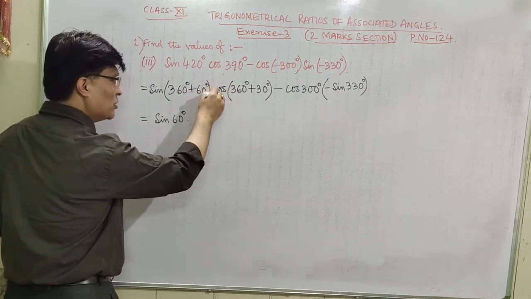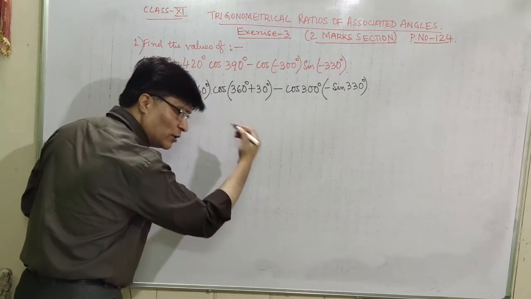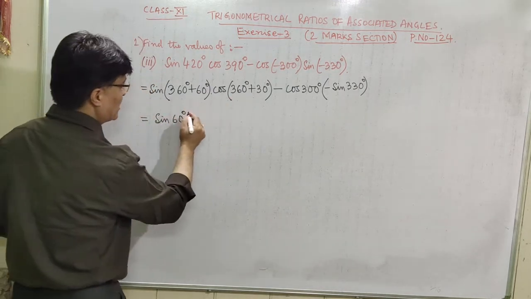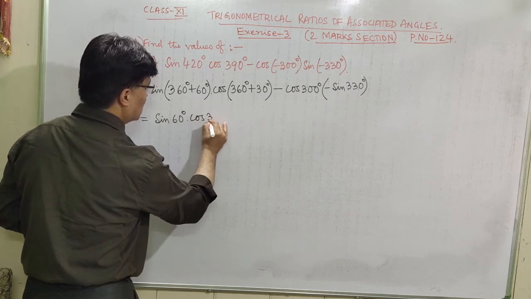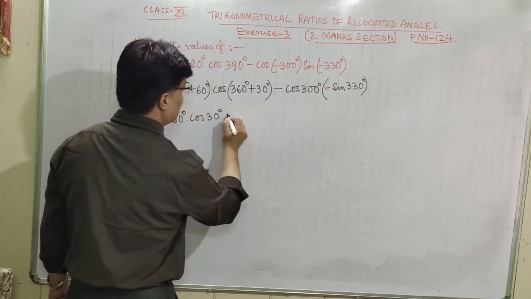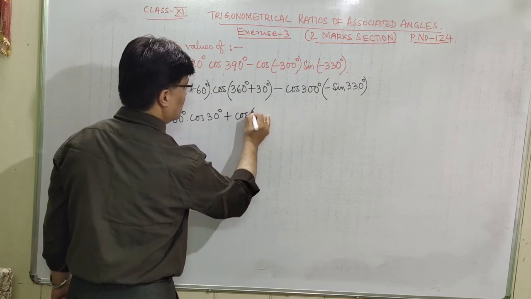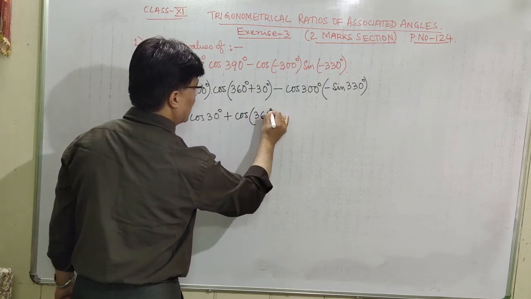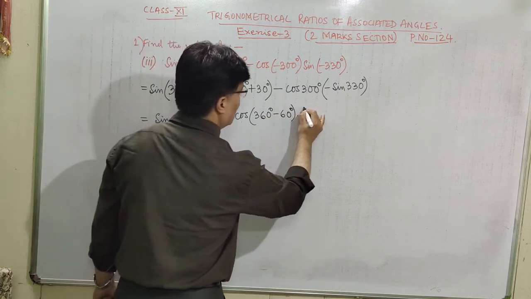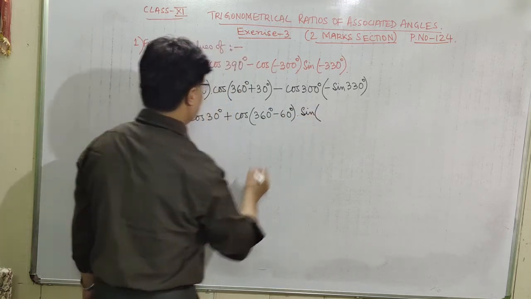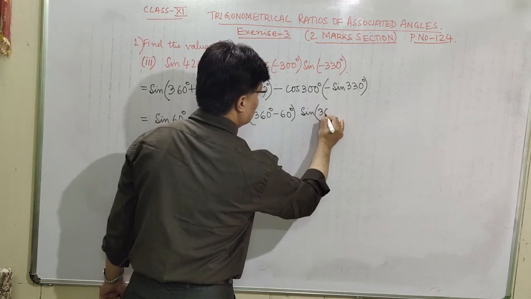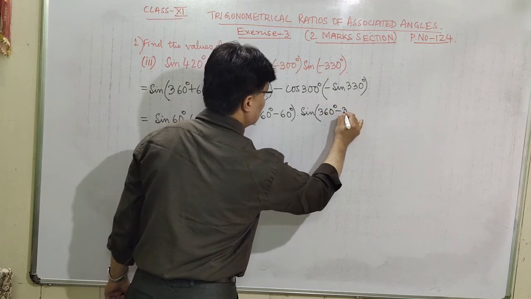In the first quadrant cos is also positive, and 360 is an even multiple of 90, so it remains as it is. So it is cos 30 degree, right? So it is minus into this minus is plus. Cos 300 degree can be written as 360 minus 60 into sine of this 330 degree can be written as 360 minus 30 degree.